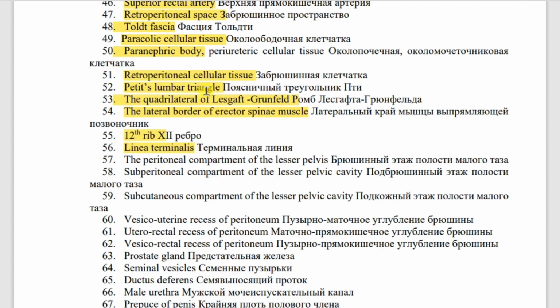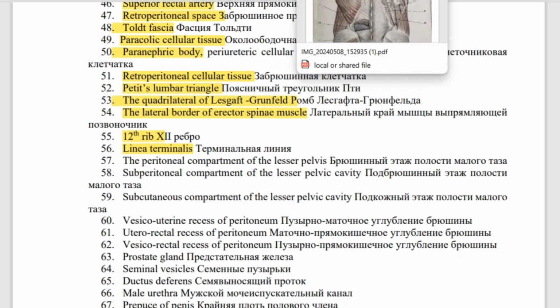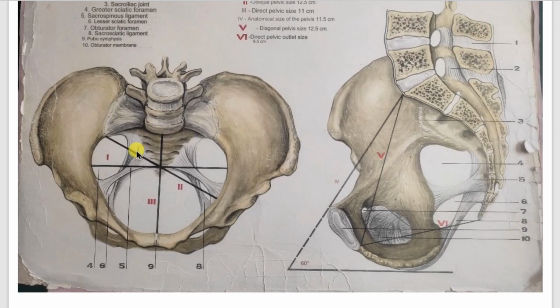So let's find this structure and see where it is. The linea terminalis is also called the innominate line, which consists of different lines: the pectineal line, arcuate line, and the sacral promontory. It's the boundary between the lesser pelvis, as you can see here, and the greater pelvis.